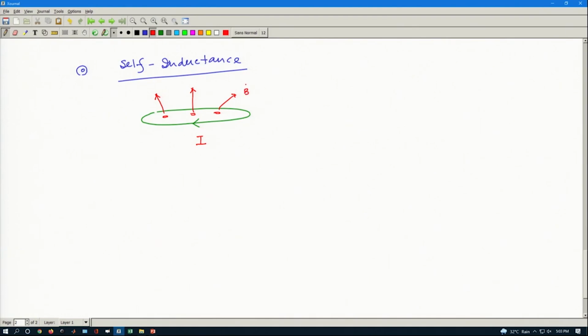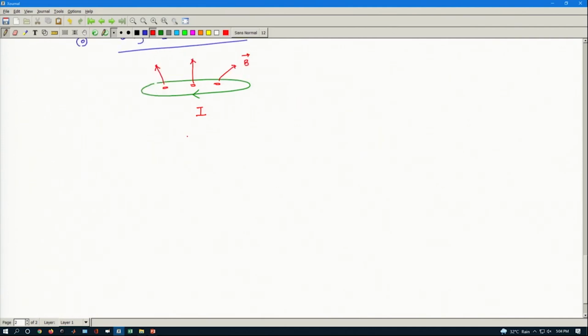So, this is the B we are having. That means this current is going to link some kind of flux.